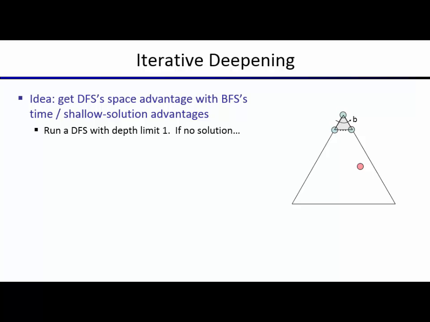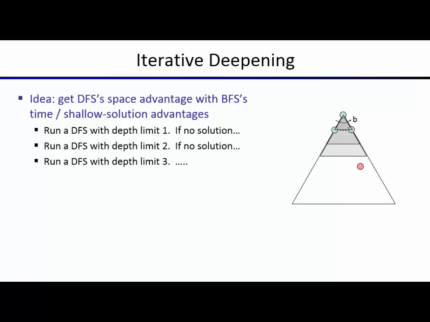If you didn't find a solution, now you again run depth first search, but you never go deeper than depth 2 in your depth first search. If you found a solution, great, you return it. If you didn't find a solution, you can now run for depth 3. And so by repeatedly running a depth first search with a depth limit, you get the kind of behavior of breadth first search, exploring things tier by tier by tier, but the memory complexity of depth first search.